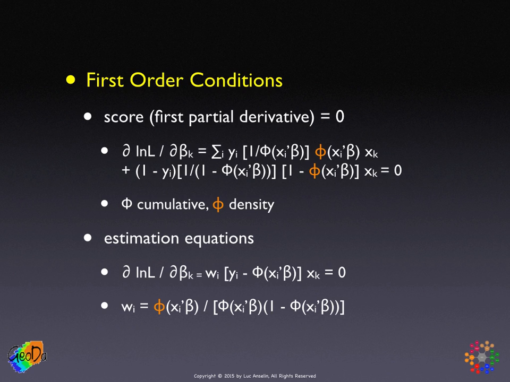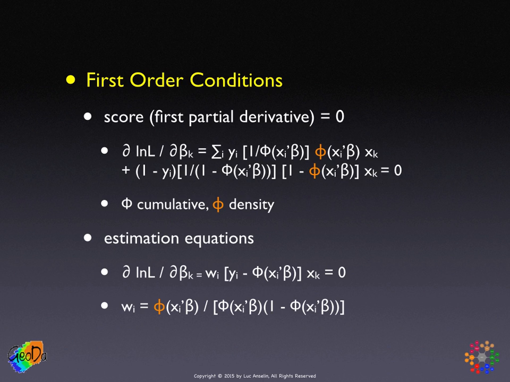If you look very carefully at the expression for the estimation equations, the score with respect to a particular parameter, say beta sub k, is a weight, and we'll talk about that in a second, times what looks like a residual. y sub i is the observed value, minus phi xi beta, which is the predicted value, the probability of observing y sub i equal 1, times xk.